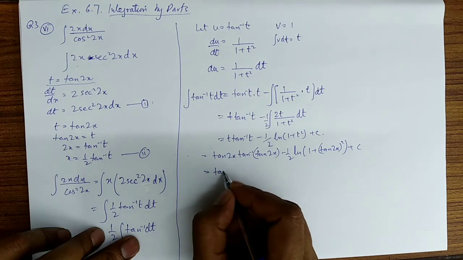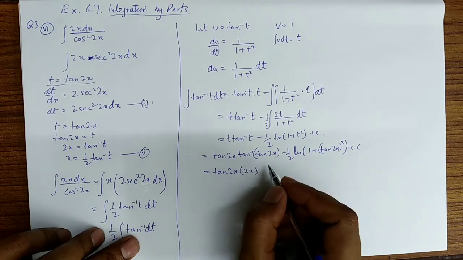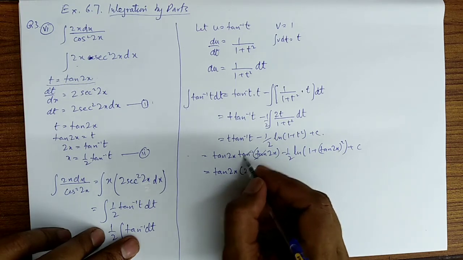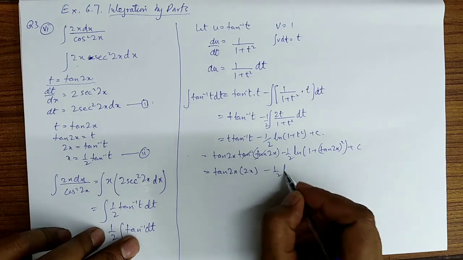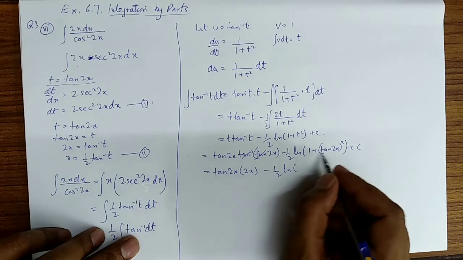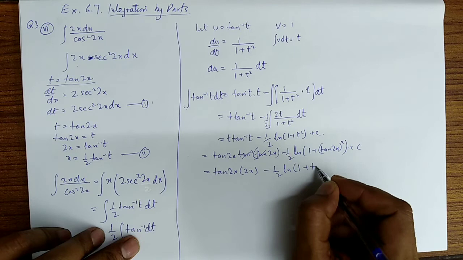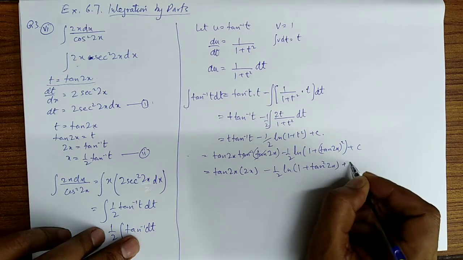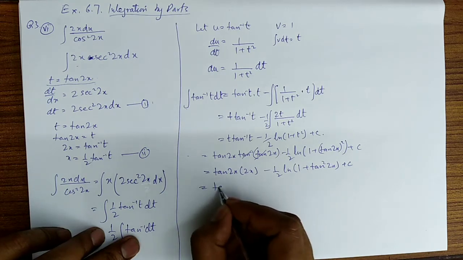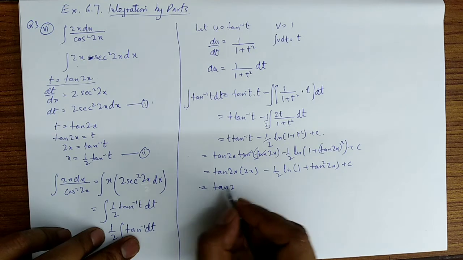So now by simplifying we have tan 2x into 2x, because we have cancelled these two, minus 1 upon 2 ln of 1 plus tan square 2x plus c, and tan inverse of tan 2x is 2x.